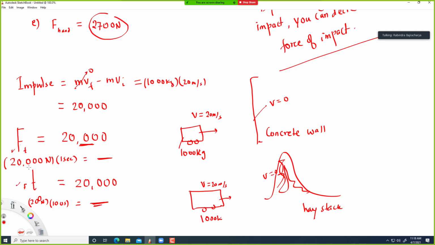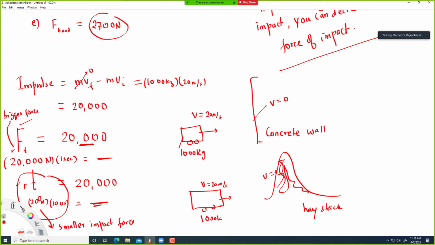But this one is preferable because you exert smaller force, and in turn you get smaller force back on your car from Newton's third law. So this gives you smaller impact force, whereas this gives you bigger impact force. So by increasing the time, you can decrease the impact force.